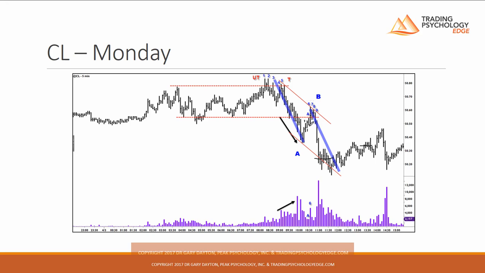We close back inside the range of the prior bar, range being the distance from the high to the low. They're overlapping even though they're going up. There's a lot of overlap between the ranges. So this is going up, but they're overlapping quite a bit. They're frequently inside the range of the prior bar.